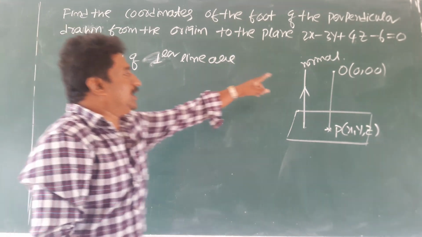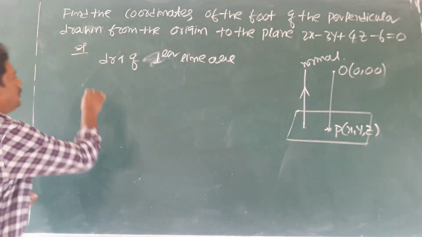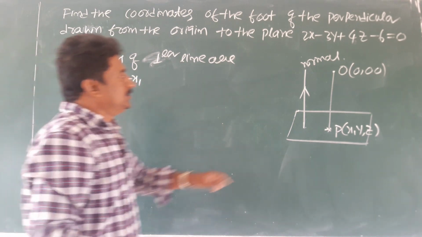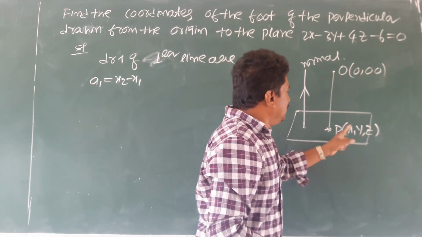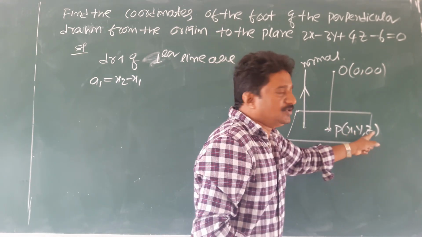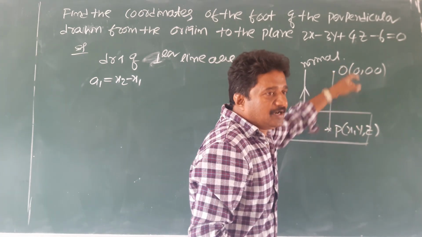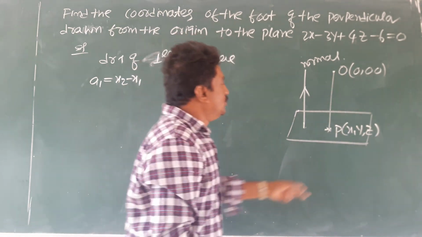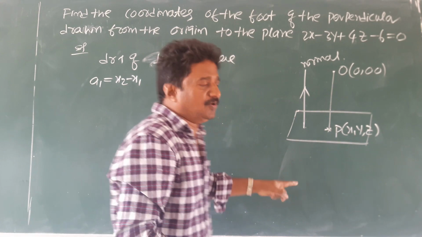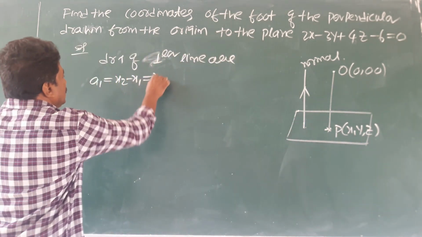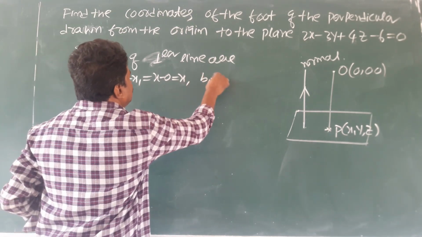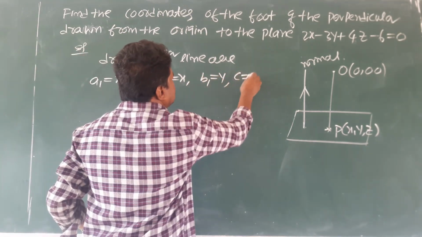Write a1, b1, c1 as x2 minus x1, y2 minus y1, z2 minus z1. Take the origin as x1, y1, z1 and the foot as x2, y2, z2. So x minus 0 is x, b1 is y, and c1 is z.